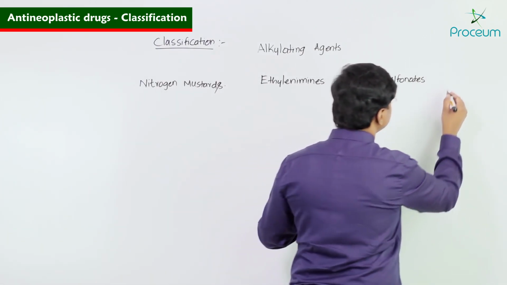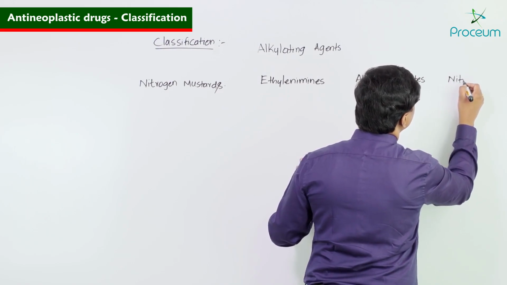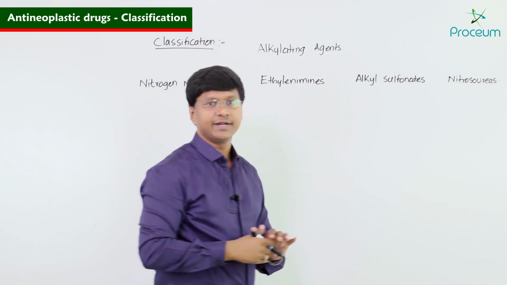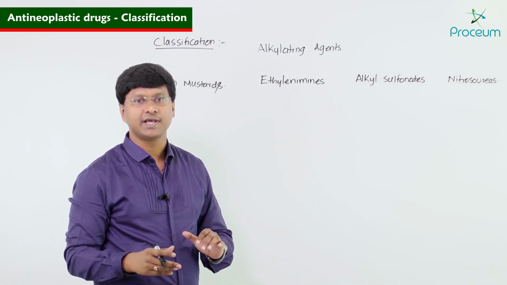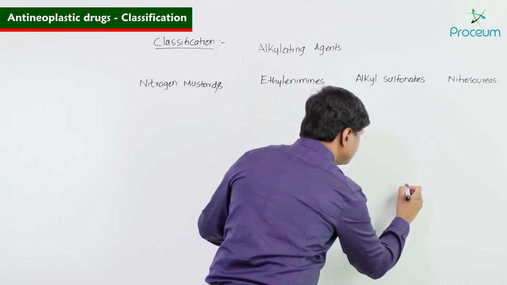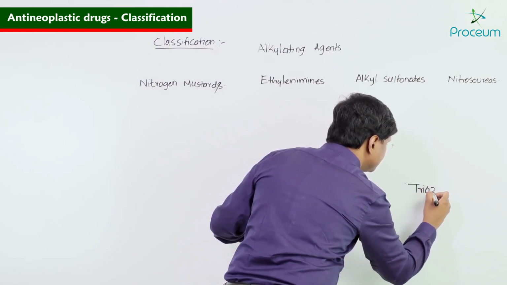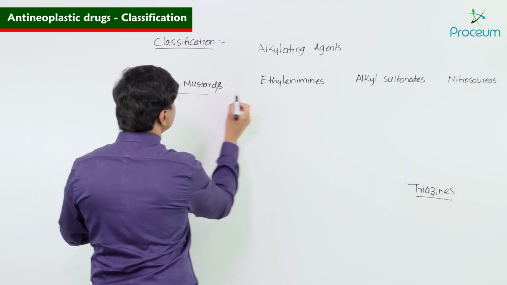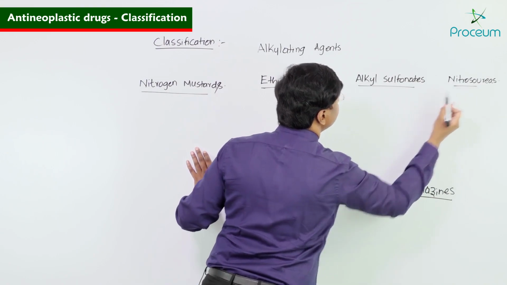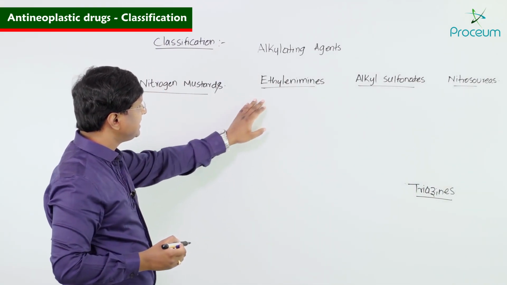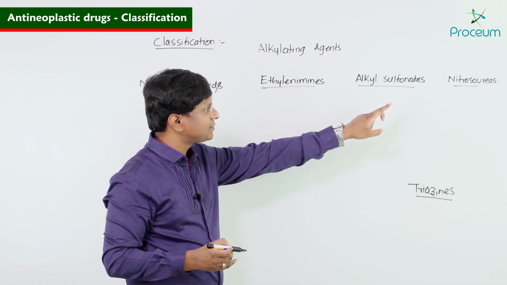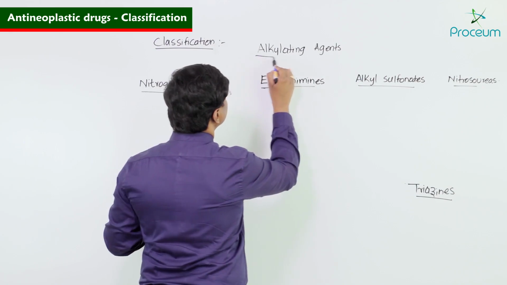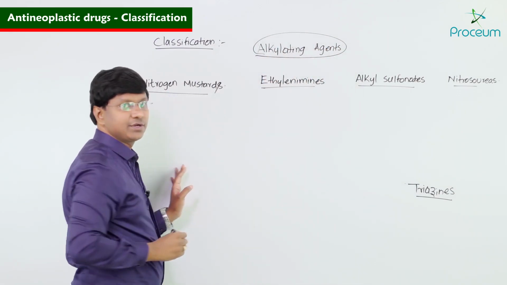Next you have the other group of drugs called nitrosoureas. And the other group is triazines. So these are your alkylating agents, which include nitrogen mustards, ethyleniamines, alkyl sulfonates, nitrosoureas, as well as the triazines. Now let me tell you what are your nitrogen mustards.